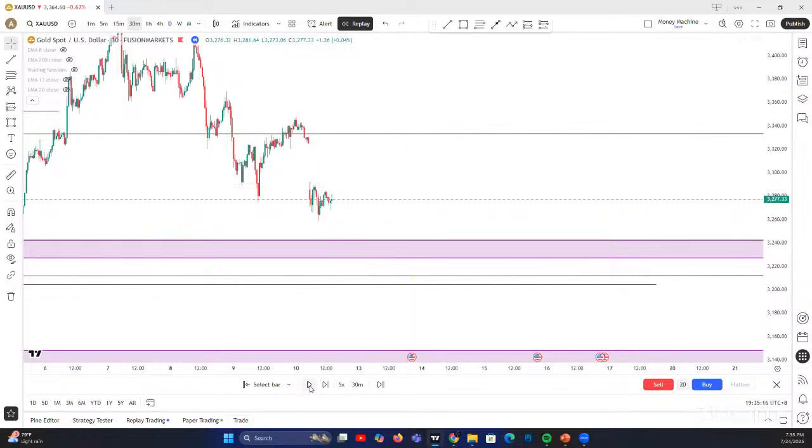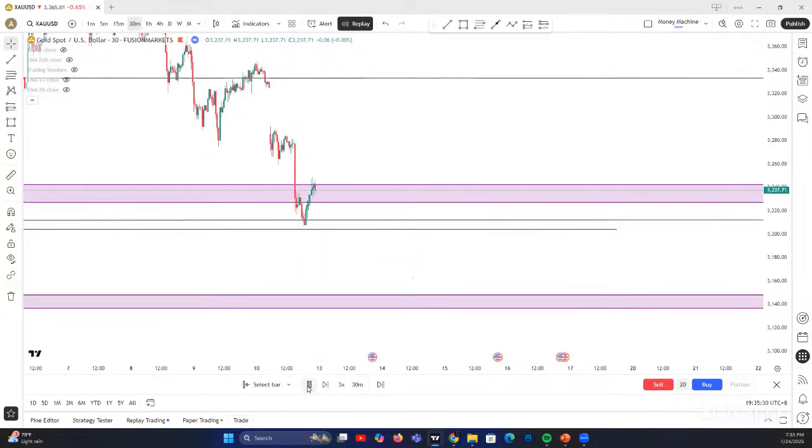Okay, let's play now what will happen in the price action. Making more lower lows. We will not buy. We will wait for the change of character. Going sideways.